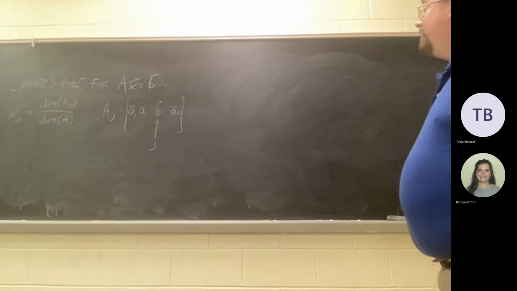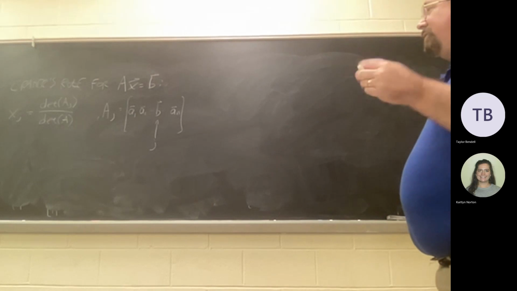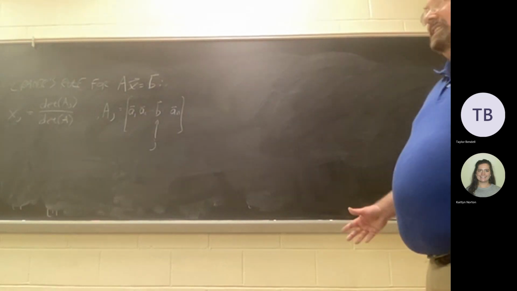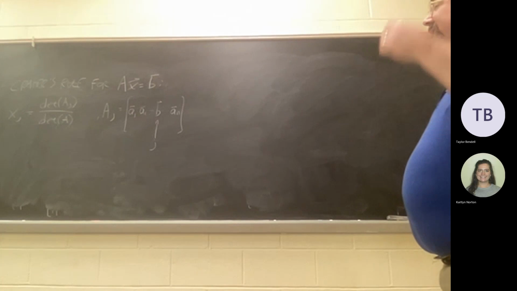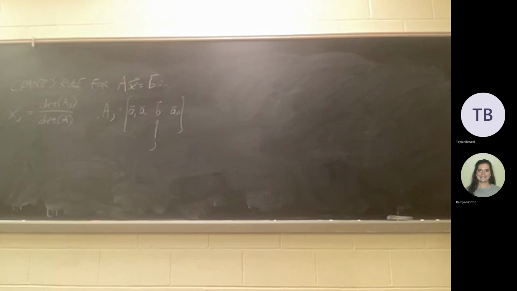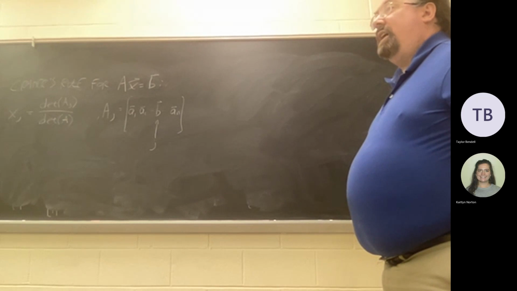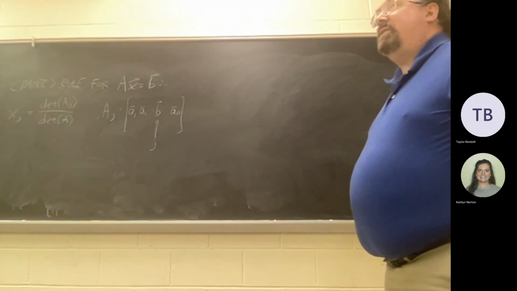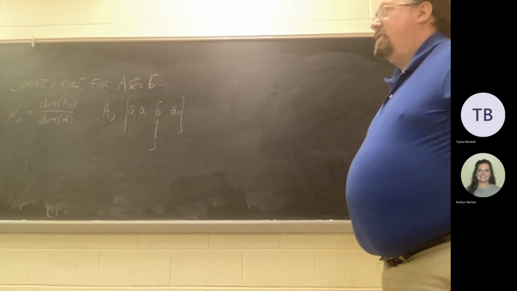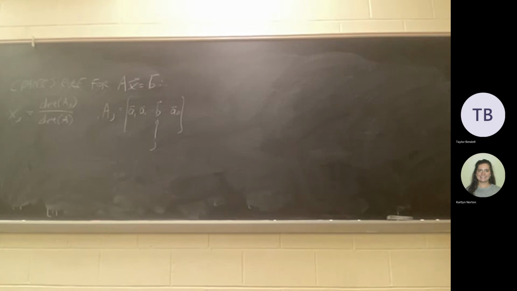Okay. So for each component of x, like for x1, you replace the first column with b, get the determinant of all that. Then x2, you replace the second column of A with b, determinant of all that, and so on. So there's a total of n+1 determinants to compute. Now, determinants are really expensive. For an n by n matrix, in a general case, the best way to compute a determinant still involves over n cubed operations.